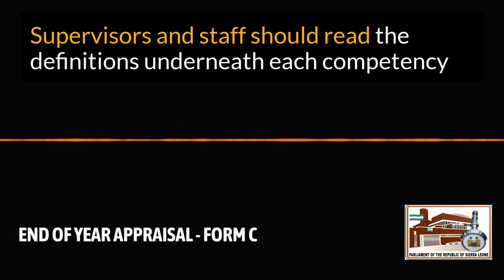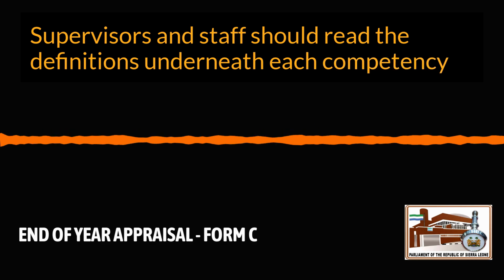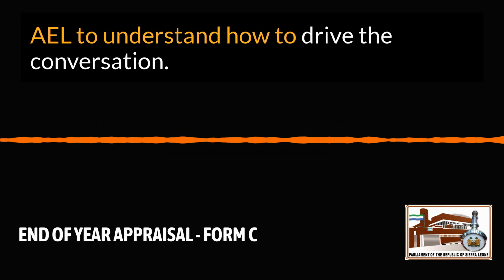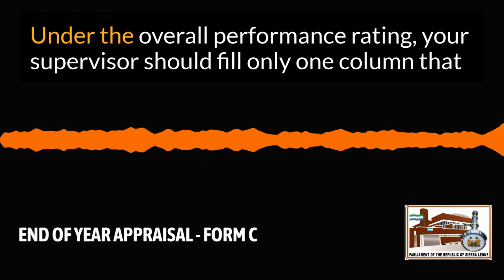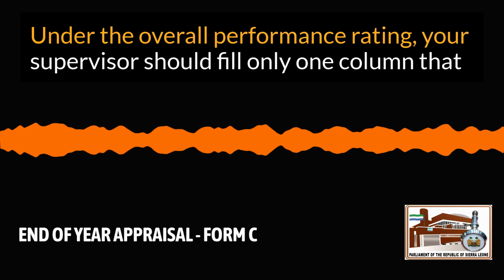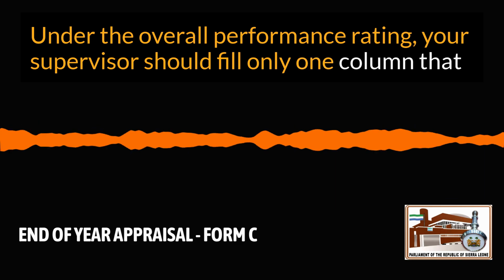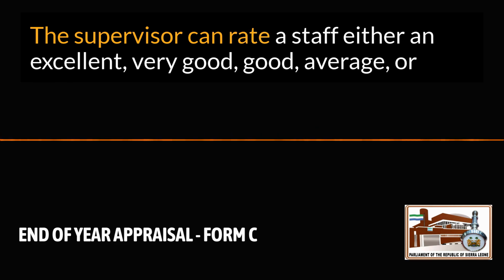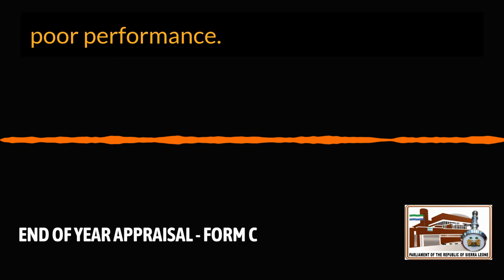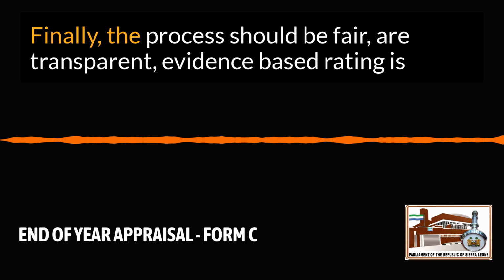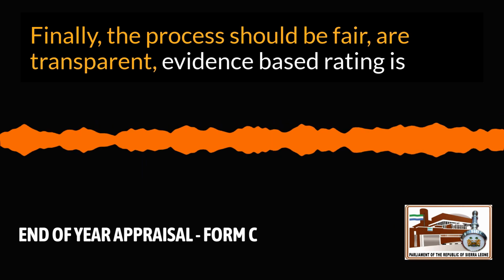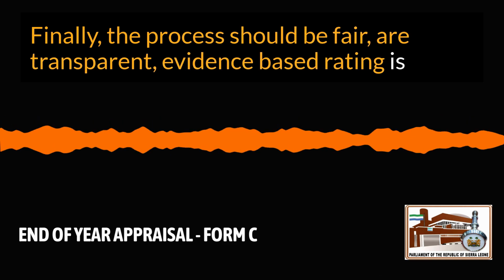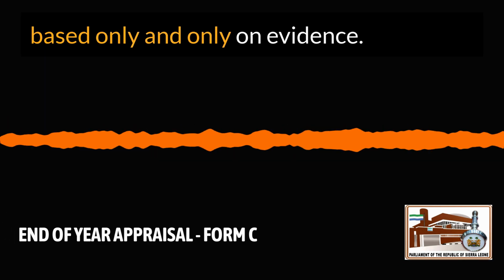Supervisors and staff should read the definitions underneath each competency area to understand how to drive the conversation. Under the overall performance rating, your supervisor should fill only one column that applies to the staff. The supervisor can rate a staff as either excellent, very good, good, average, or poor performance. Finally, the process should be fair, transparent, and evidence-based. Rating is based only and only on evidence.